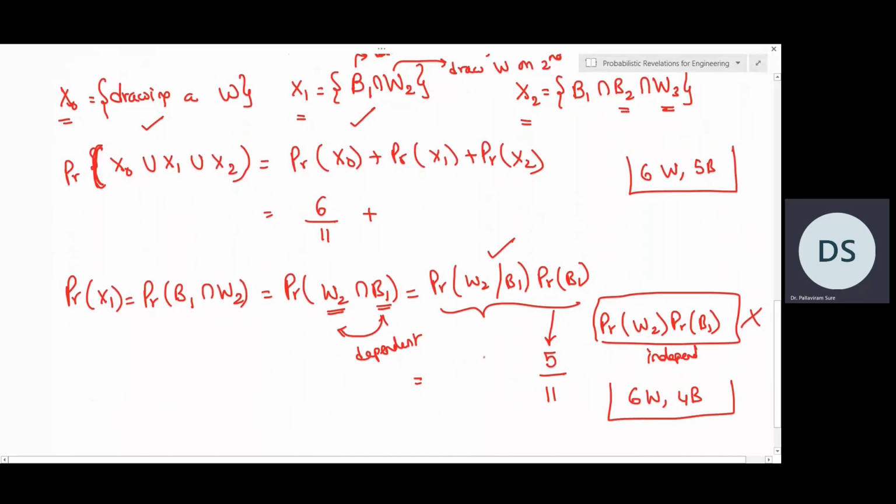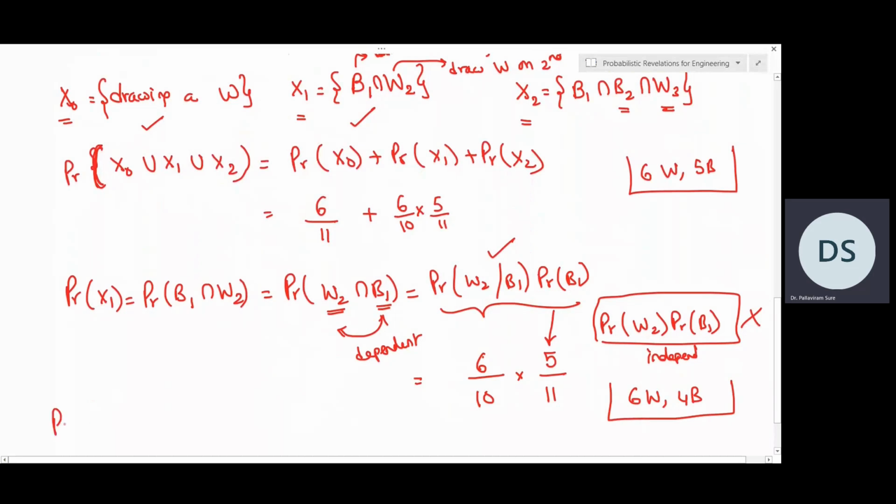So hence this probability of drawing a white stands for 6 balls out of a total of only 10. So the probability is 6 by 10 multiplied by 5 by 11. So you can see that this probability is different from what we have calculated in the previous case. So let us substitute this back as 6 by 10 into 5 by 11.